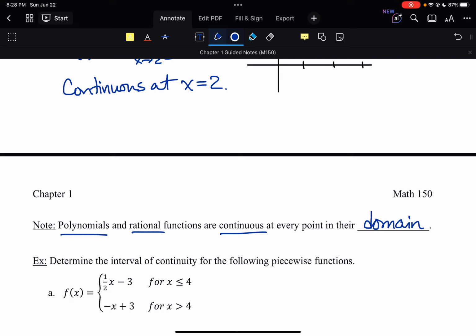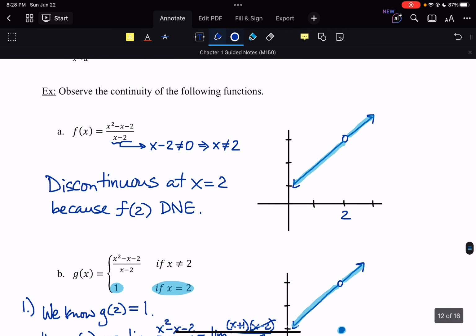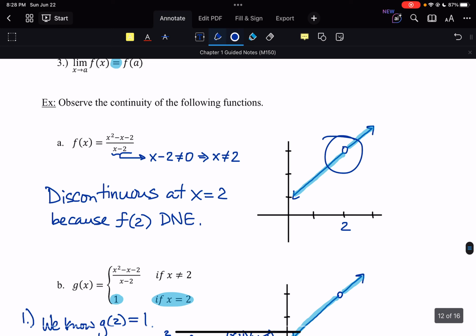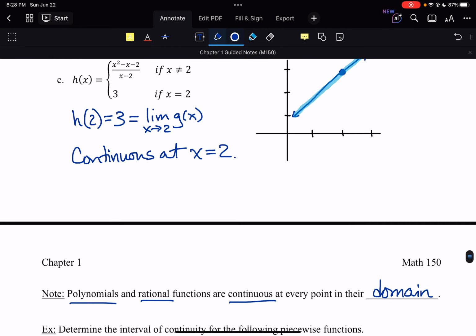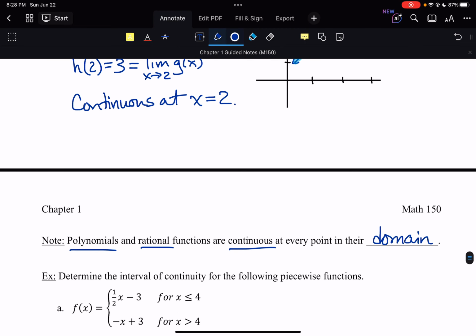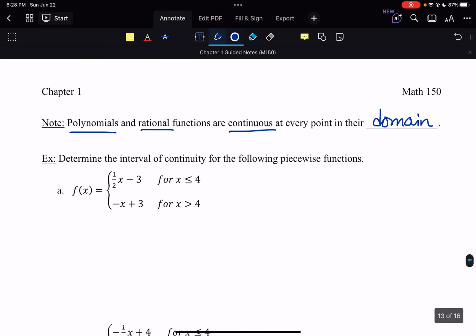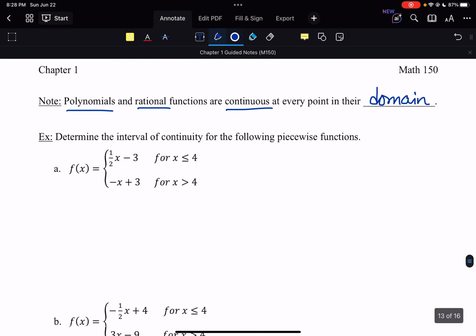Rational functions are continuous everywhere except for the points like these, where you have the hole in the graph because the domain is restricted. Okay, so this is a rational function we did an example with. But this is going to be very helpful for us to determine continuity more quickly just by recognizing the functions.